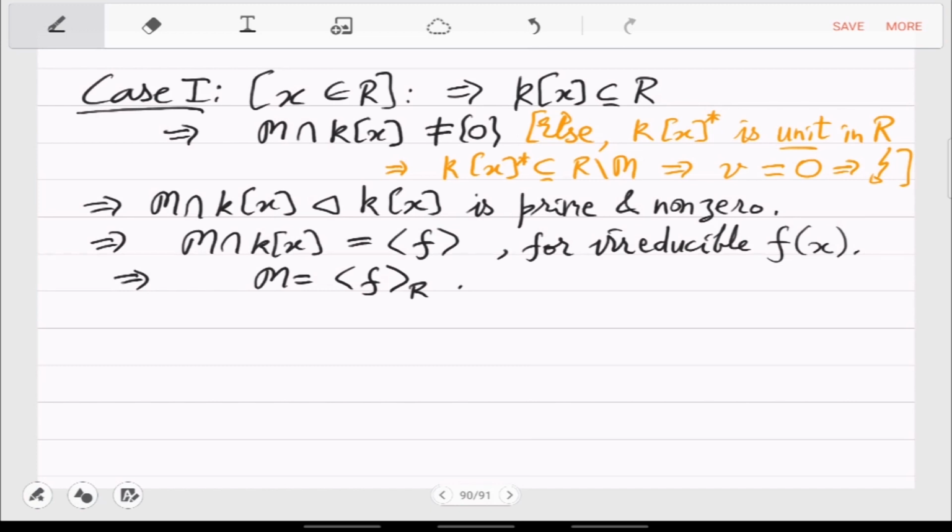So you have identified the uniformizer, and that is type 1. So we are done.